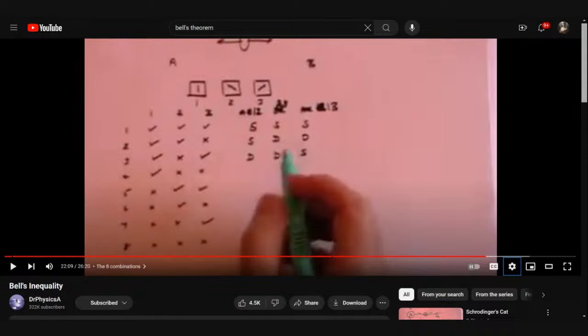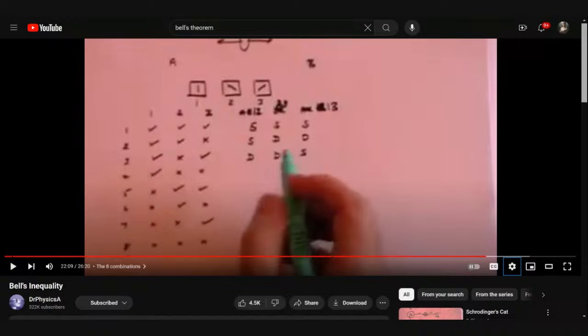What is he saying? What's going on here? I mean, he's doing this in a very stupid way. So Alice and Bob, if they pick up the same filter, then they'll get the same result. If they pick up different filters, but they'll get different results? I don't get it. I don't know why he's doing it like this. It's just kind of crazy.